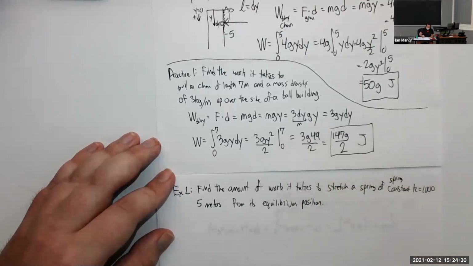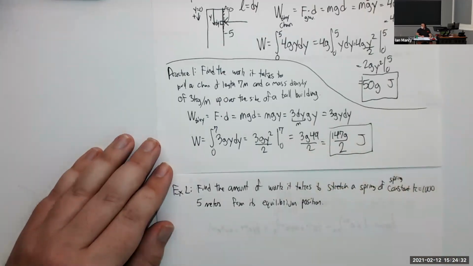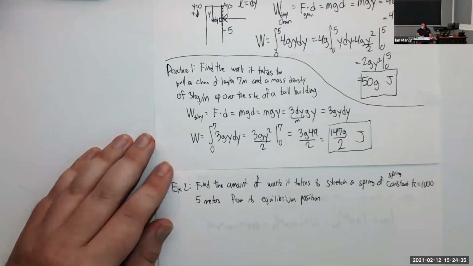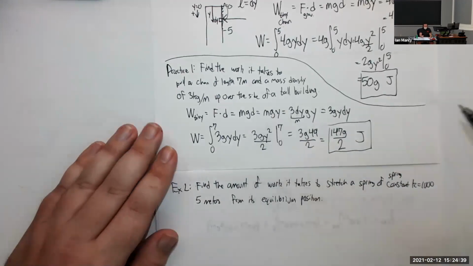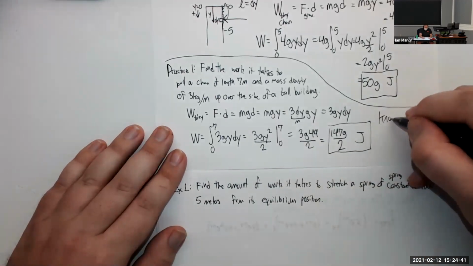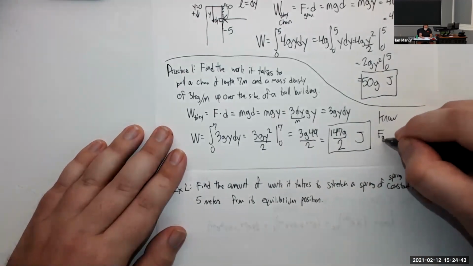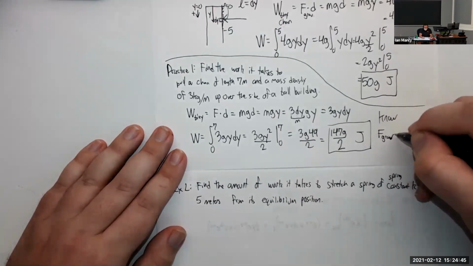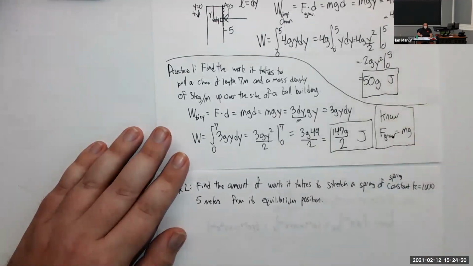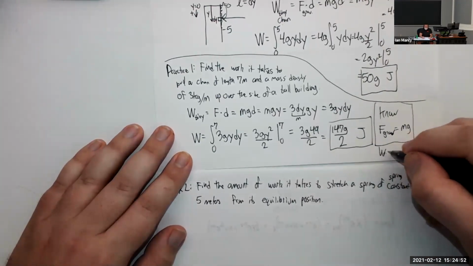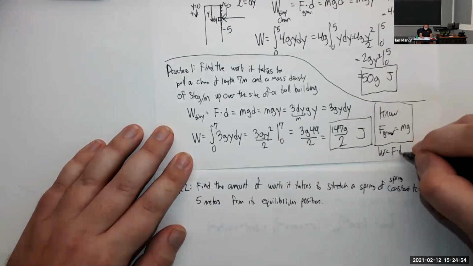Okay. Now, all right, so we needed to know a few things from physics here in order to do this. One thing I do want you guys to know off the top of your head is that the force due to gravity is the mass times the gravitational constant. I also want you to know that work is force times distance.